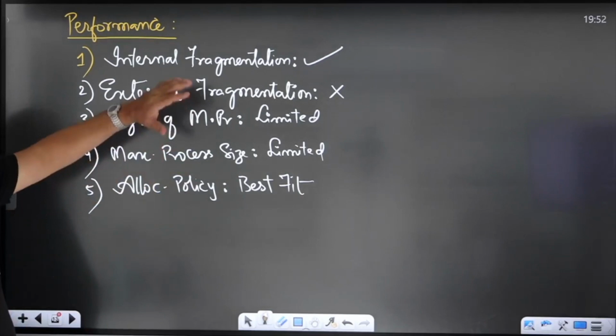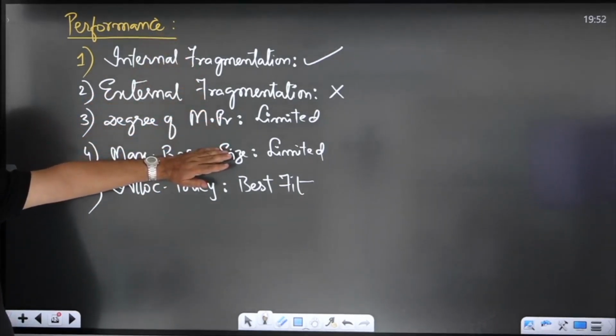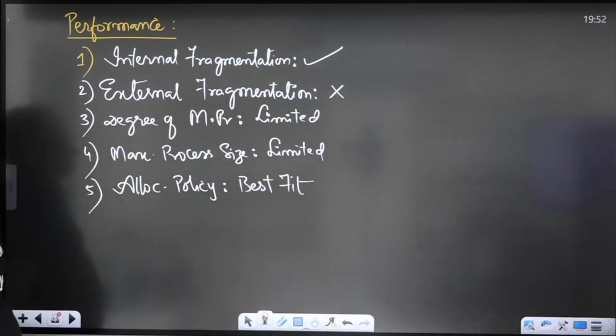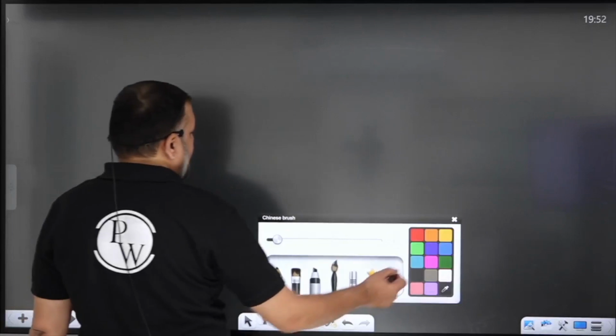So we have internal fragmentation, we have limitation for multiprogramming, we have limitation for maximum process size. These are the limitations of the fixed partition approach. Am I clear? Or any questions or any doubts? Okay, very good. So to overcome these limitations, one can think of going in for variable partitions.